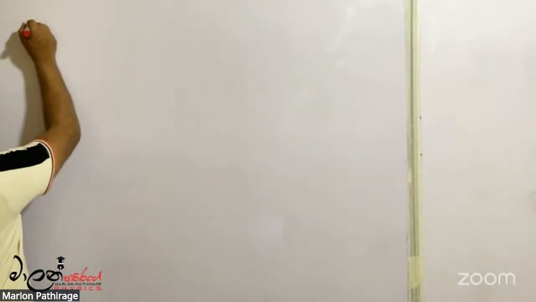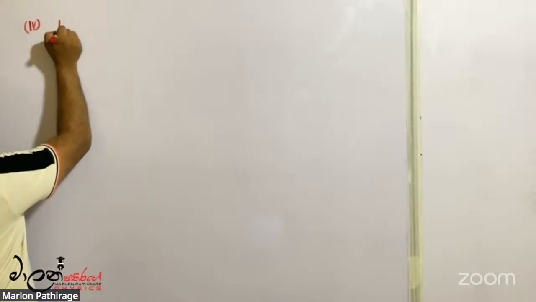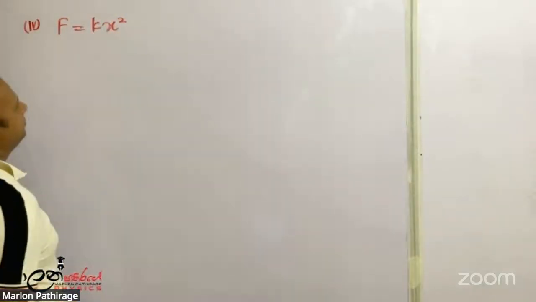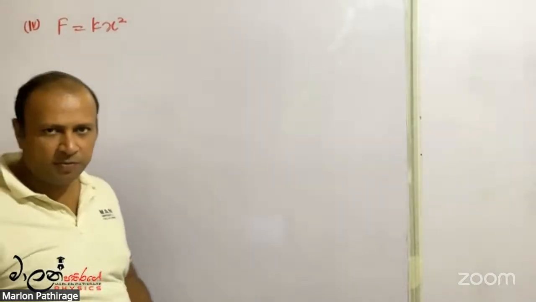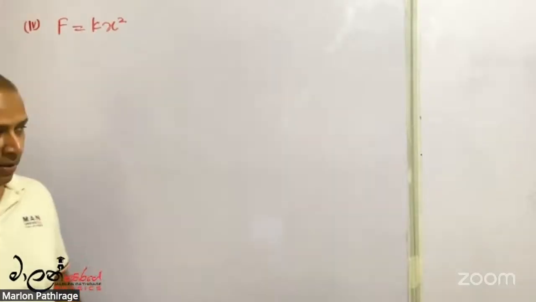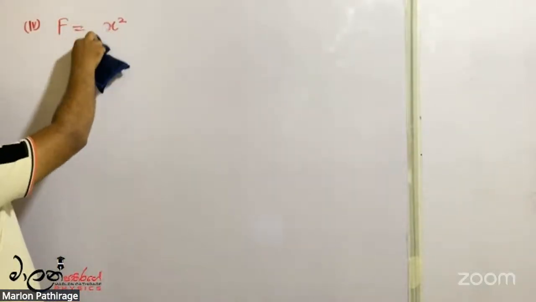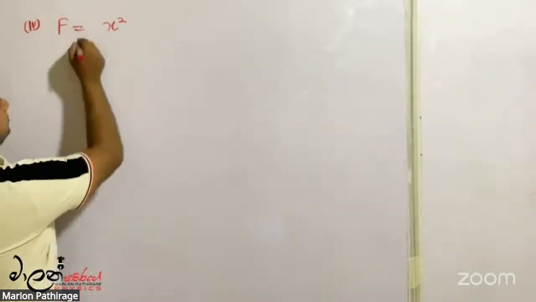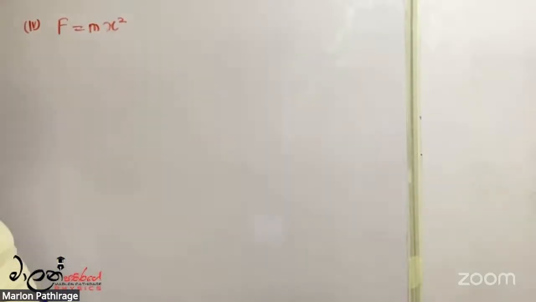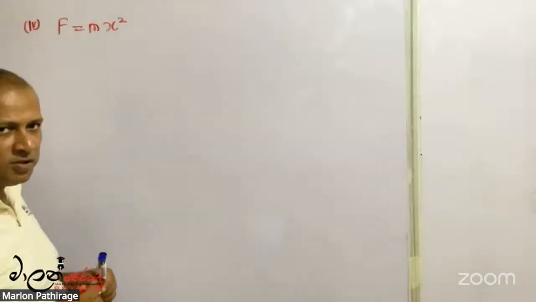Fourth one: F equal MX square, where X means displacement. This has force, mass, and displacement.